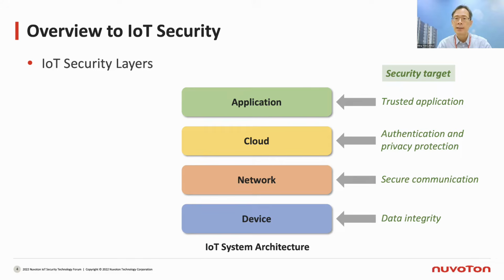At the device layer, data integrity must be guaranteed, and secure communication is implemented at the network layer. Security authentication and privacy protection are implemented at the cloud layer, and trusted applications are provided at the application layer.